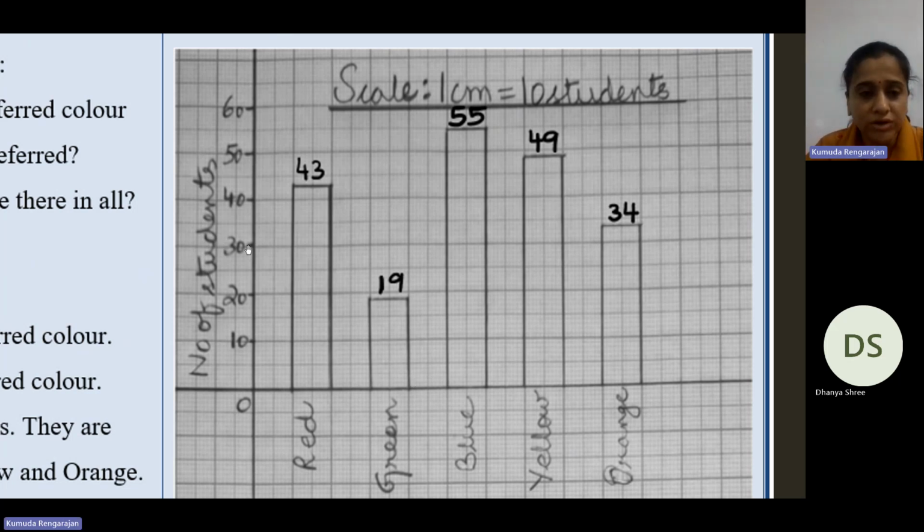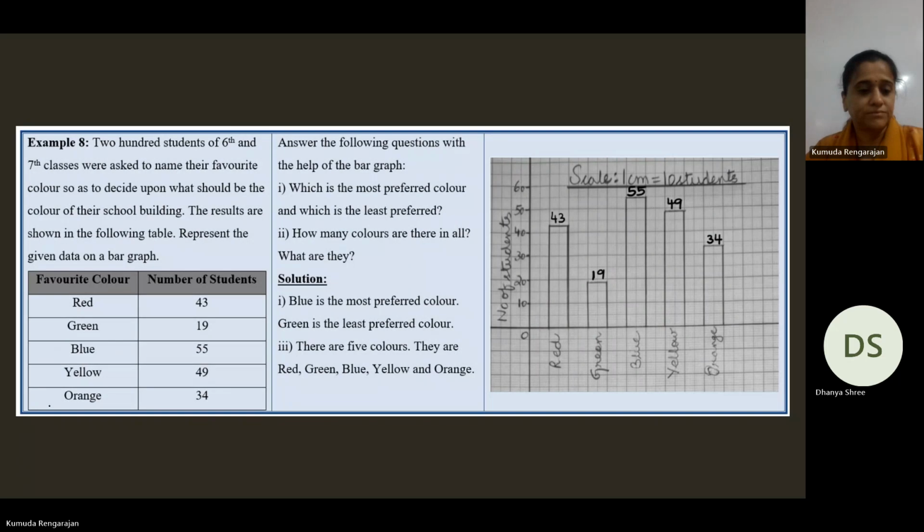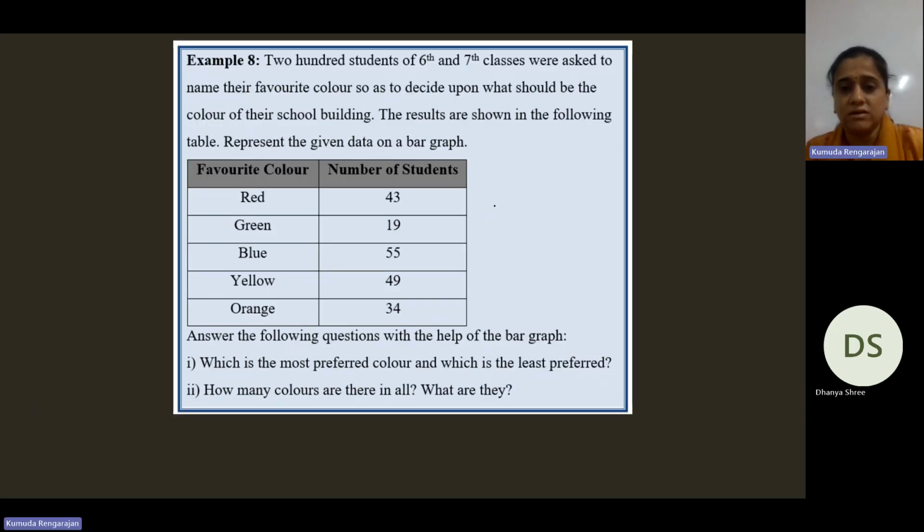Correct? See, how do you read the lines? 30, then 31. After 30, I'll just magnify it and show it to you. See here.